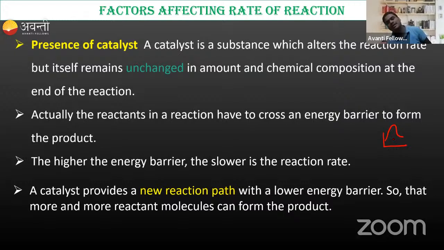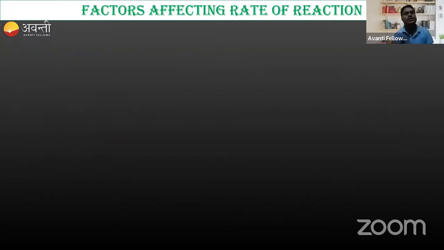If this is the path of the reactant to react to form product, the catalyst provides an alternate path. This graph is without catalyst, and this represents with the catalyst. So the catalyst provides an alternate path of lower energy barrier, so that more and more reactant molecules can be converted into product.